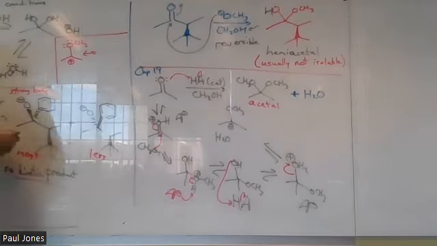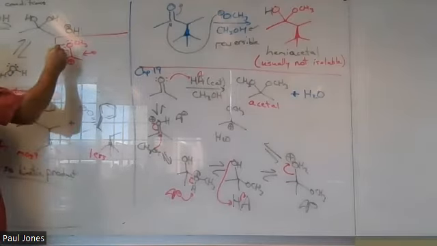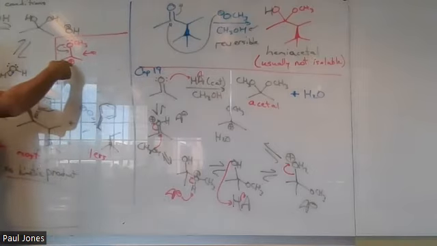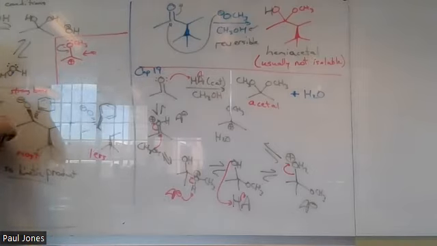All right, so the lone pair on the oxygen can overlap with the vacant p orbital there.